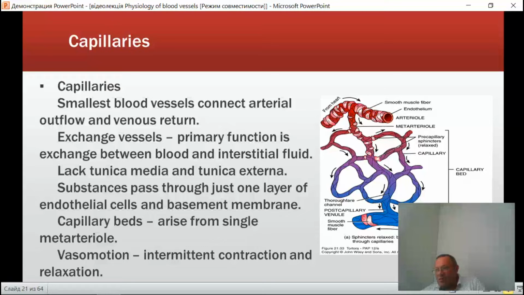Vasomotion, intermittent contraction and relaxation. On the scheme you can see the reaction of vessels and movement of blood through the capillary beds. White color shows points with different types of sphincters.